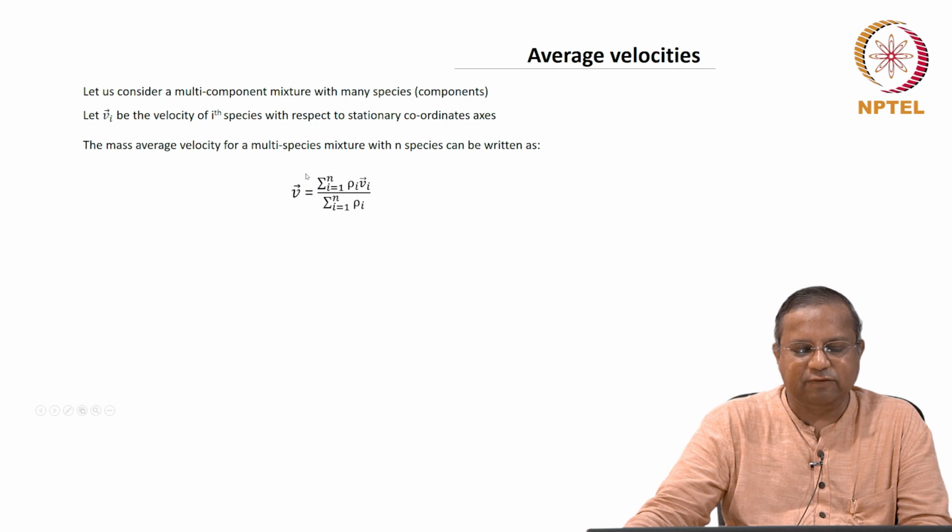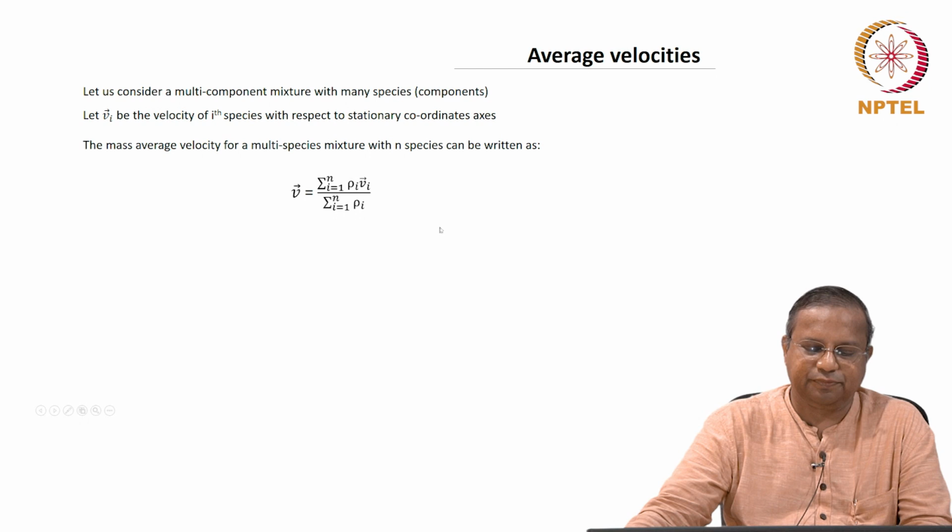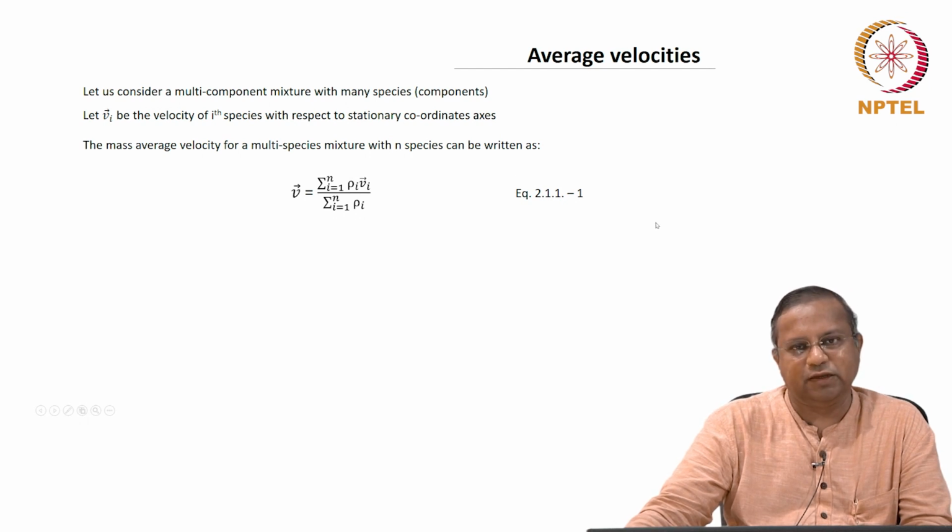That is the average velocity. See, you are multiplying the density by the velocity. This is the weighting factor here. You are trying to get a certain average here. So, the weighting factor times the individual velocities divided by the sum of the weighting factors, the standard definition of the average. Let us call this equation 2.1.1-1 to be consistent with the textbook.